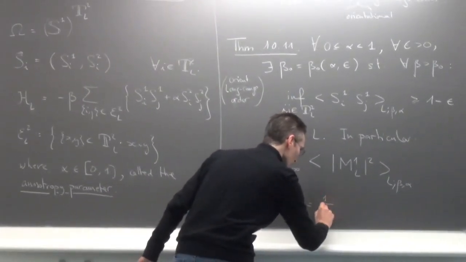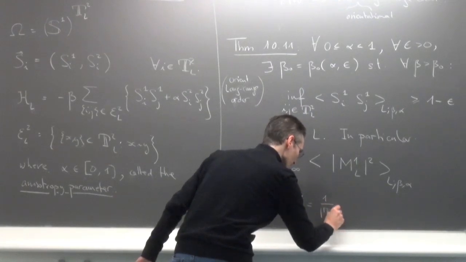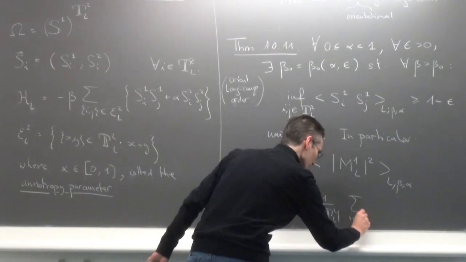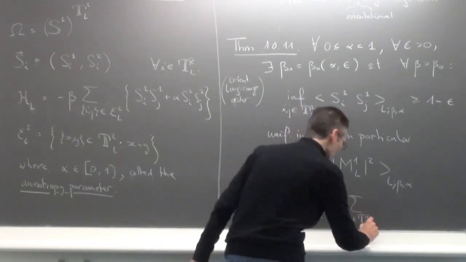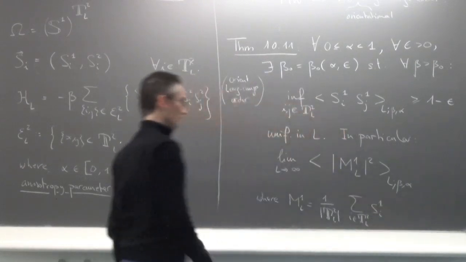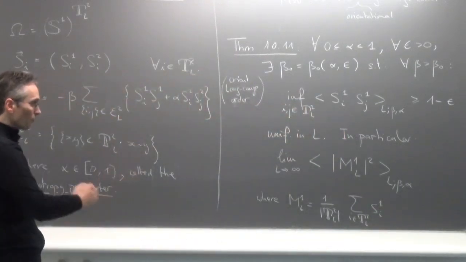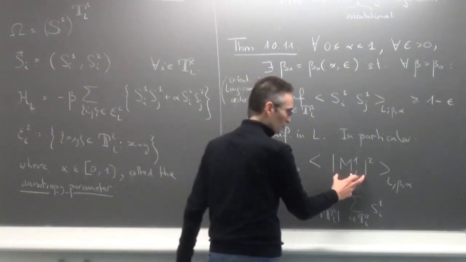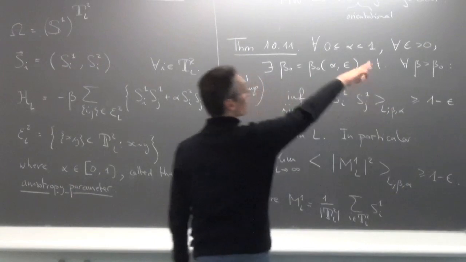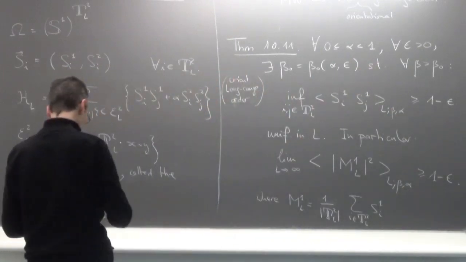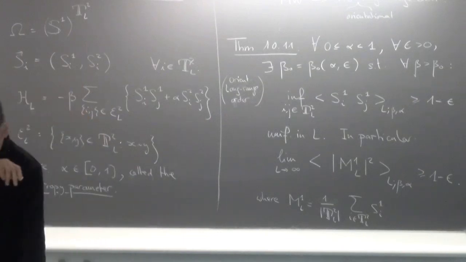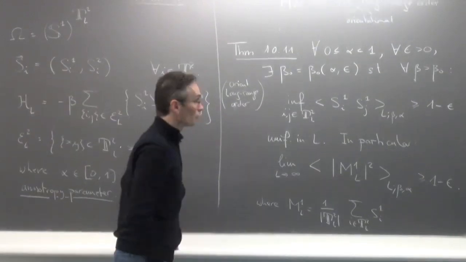So it's 1 over the size of the torus, then the sum over all i in the torus, S_i^1. Okay, it's the average first component over the torus, and take absolute value square, and this is larger than 1 minus epsilon. Again, for all beta larger than beta 0. Okay. So that's what I want to prove today.